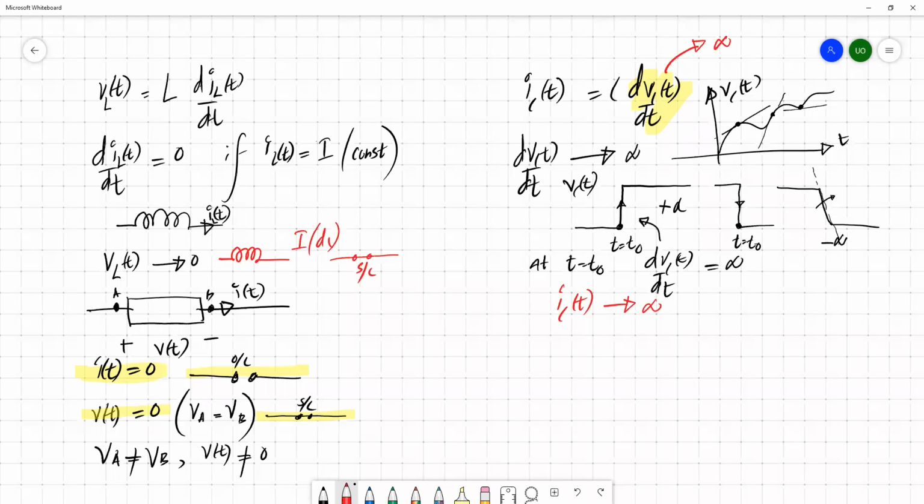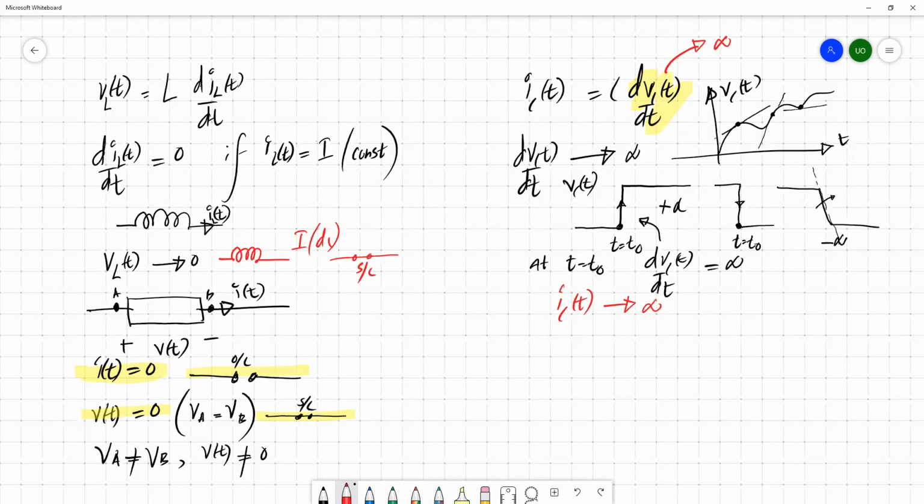I'm just referring to the same equation and trying to understand what happens mathematically. If this derivative goes to infinity, then definitely current also goes to infinity because C is a constant. If you multiply an infinite value with a constant, the product is again infinite. So current goes to infinity.